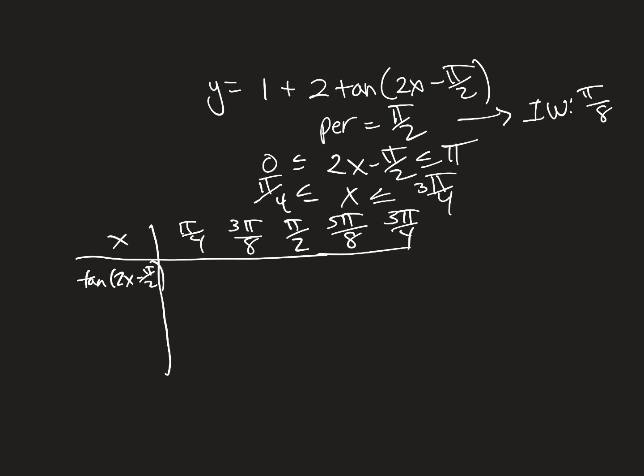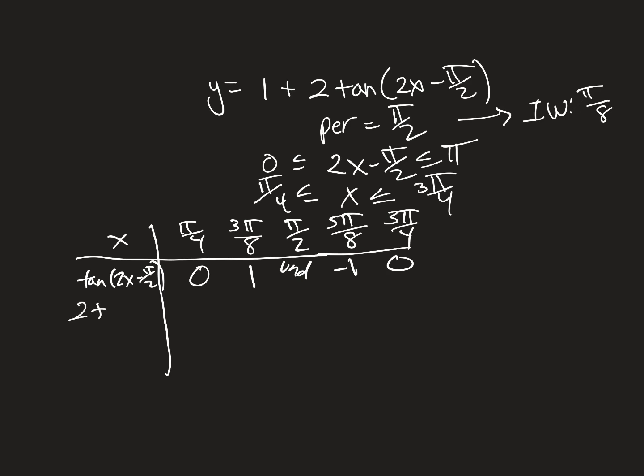So tangent of 0 is 0. When I plug in 3 pi over 8, I should be getting pi over 4, which is 1. When I plug in pi over 2, I should be getting pi over 2, which is undefined. When I plug in 5 pi over 8, I should be getting 3 pi over 4, which is -1. And when I plug in 3 pi over 4, I get pi, which is 0.